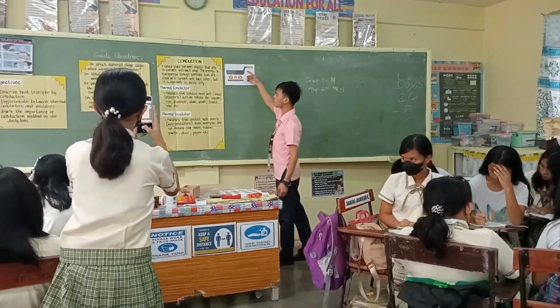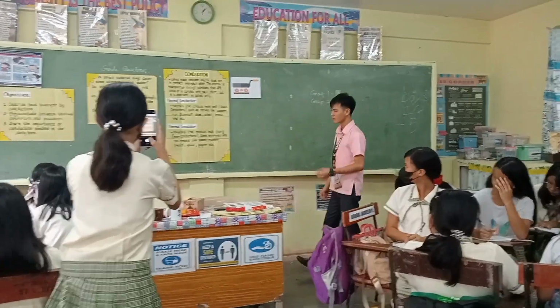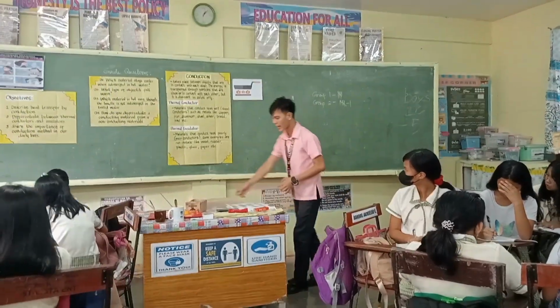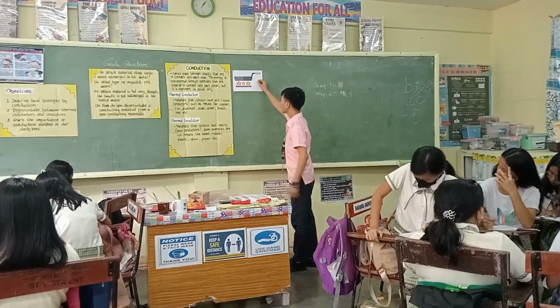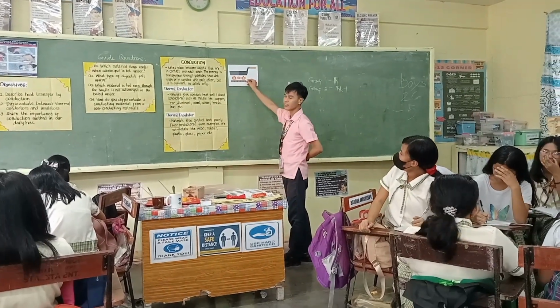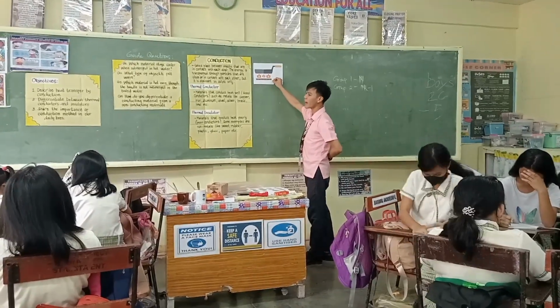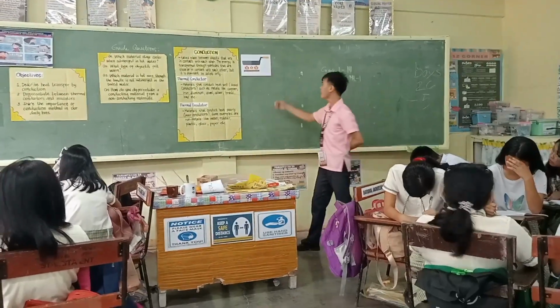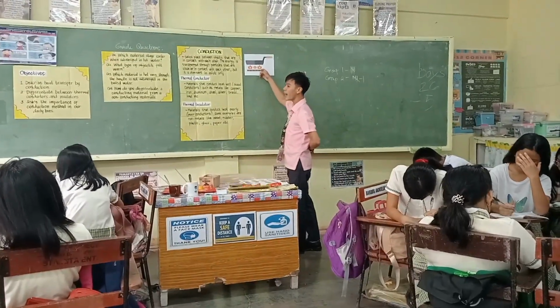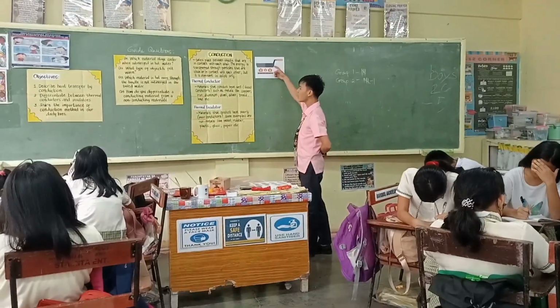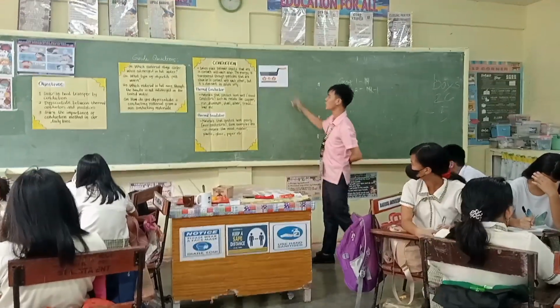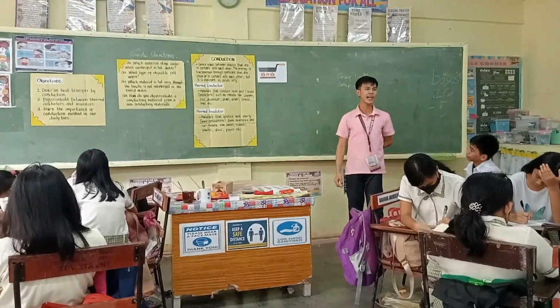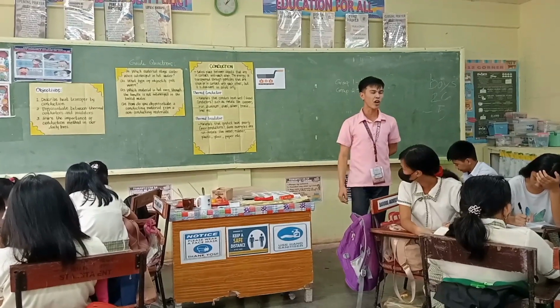We have the pan. So, as you can see, there is a direct contact of the pan to the fire. So that's why the heat from the fire is being transferred to the pan. Very good. So, kinakailangan na merong direct contact.